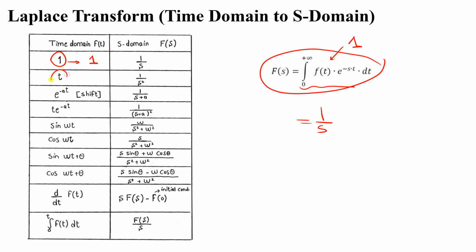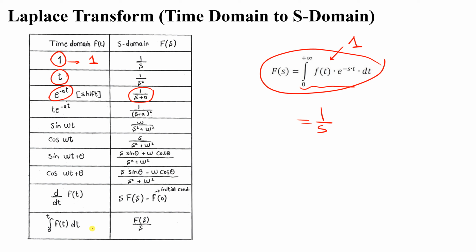So the representation of a constant value is 1 over s. The representation of t is 1 over s squared. The representation of an exponential is 1 over s plus a, and so on. All of these: sine, cosine, d over dt, and all of these different types.